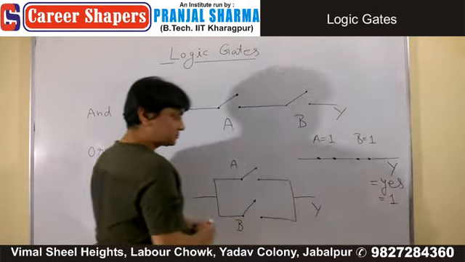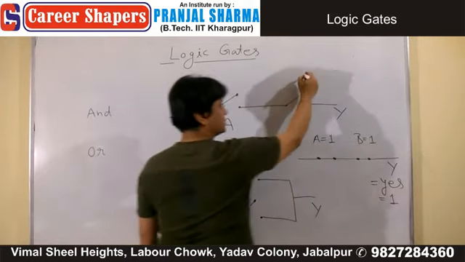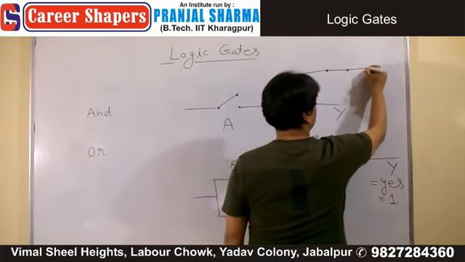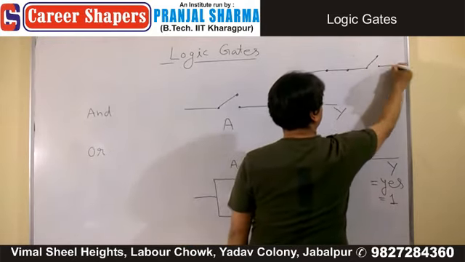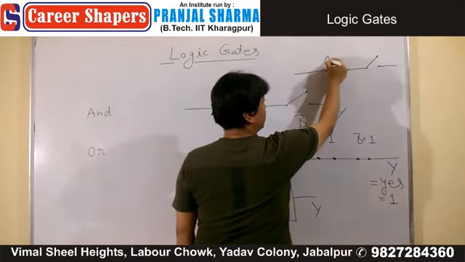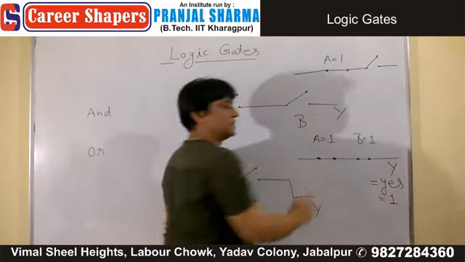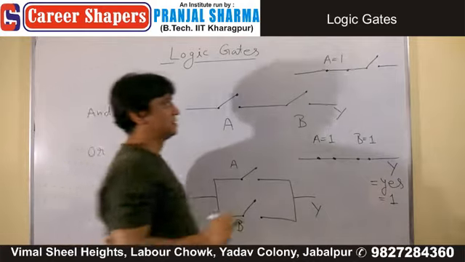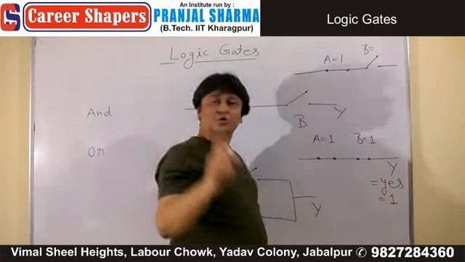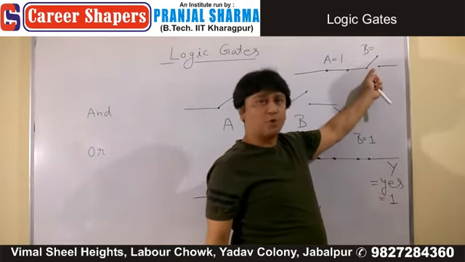Now look again. If I draw this same figure over here in this form, what is happening? You can see that switch A is closed. That gives us A as what? 1. But you can see that switch B is open. Switch B is open, that means no current can flow through this point.